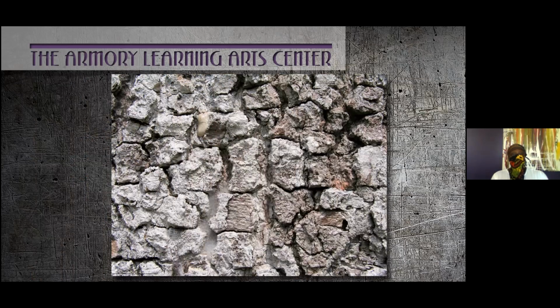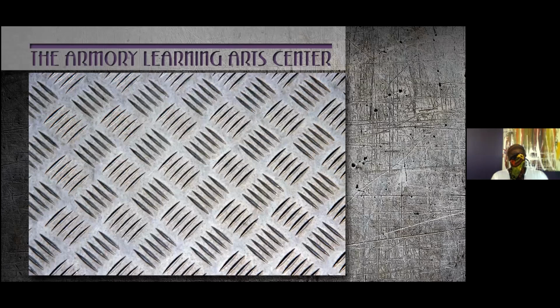This background is a texture that's comprised of rhythmic and uniform punches or scoring into a metallic surface. And when you see something like this, you know it's been machine tooled or artificial. It's man-made. Because even though a bear with his claws can make scratches, perpendicular or parallel lines like that, a bear is not going to be able to do it in such a rhythmic and uniform manner.